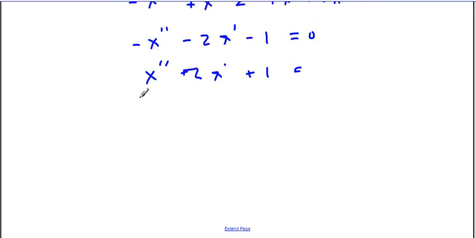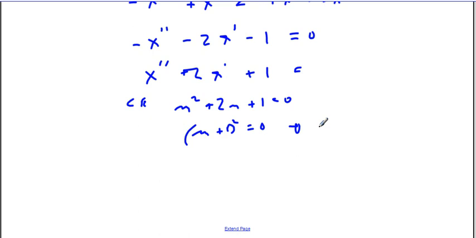And we find we have a characteristic equation of m squared plus 2m plus 1. And we find that that's m plus 1, the quantity squared, and is equal to 0, and that implies that m is minus 1, minus 1.